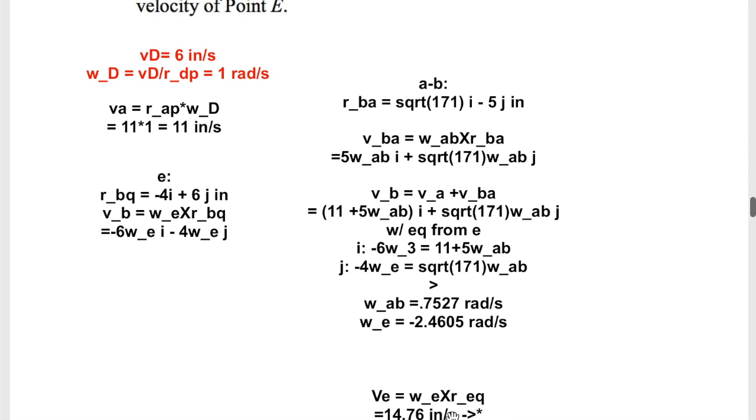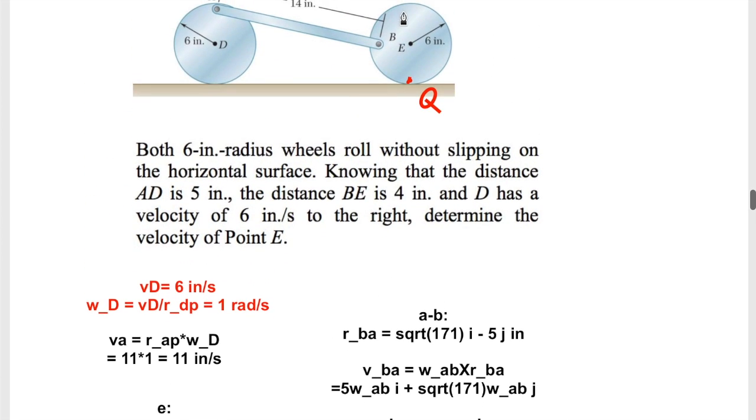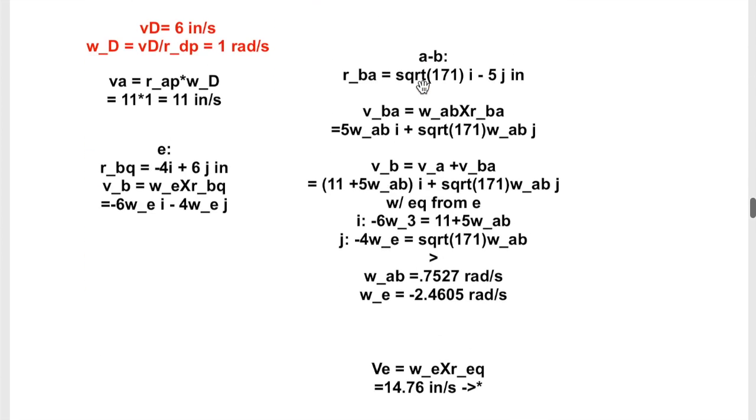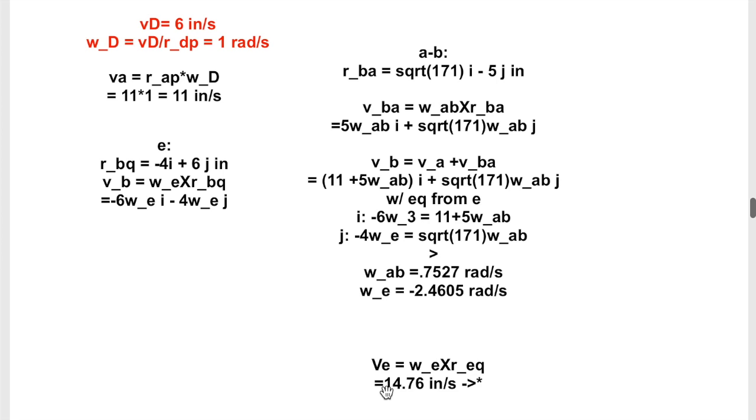Then to find the velocity is simple. We're just going to take this angular velocity of E and cross it by the R we found above. By solving that, we get 14.76 inches per second towards the right.